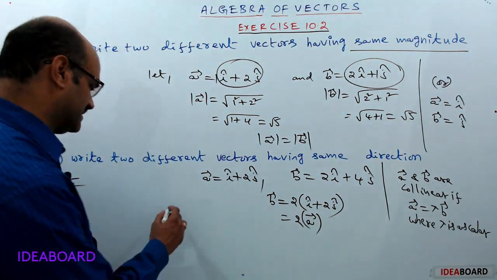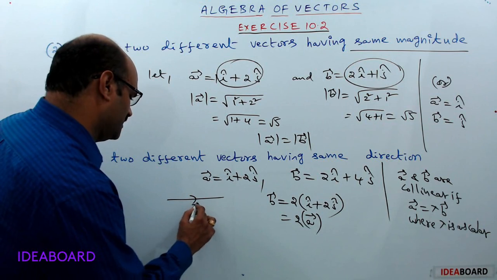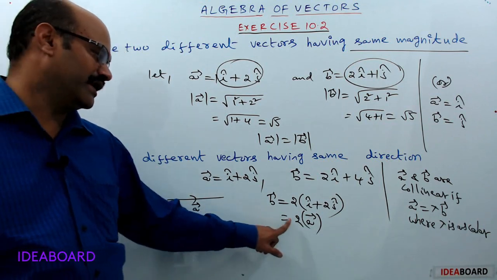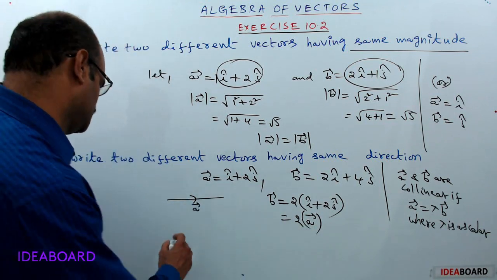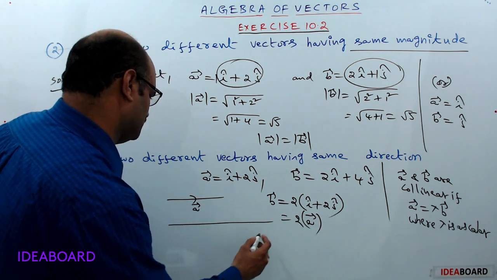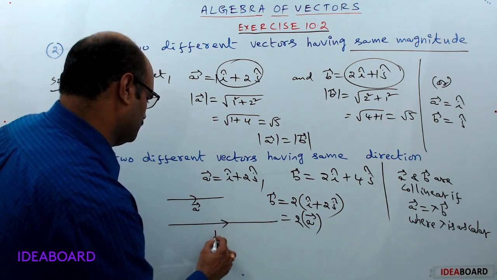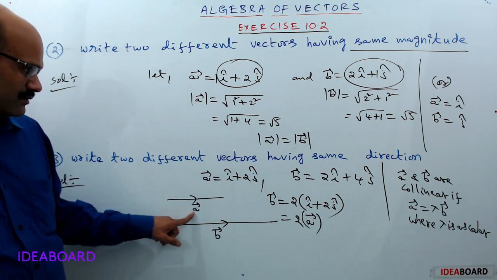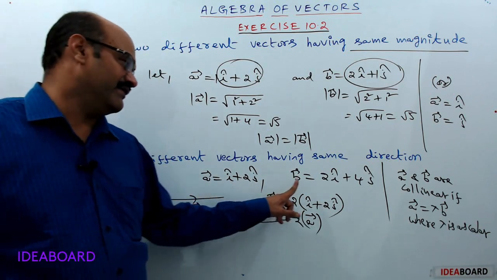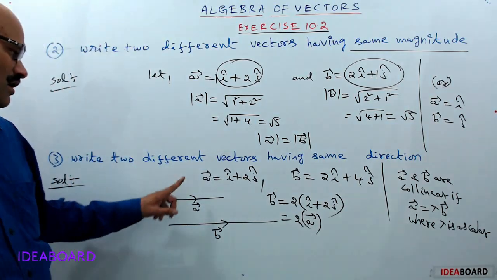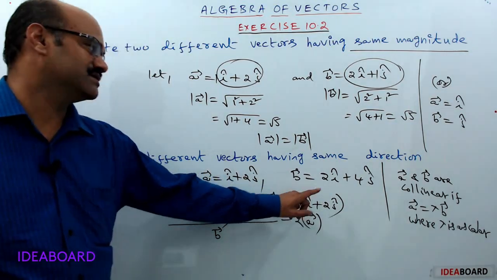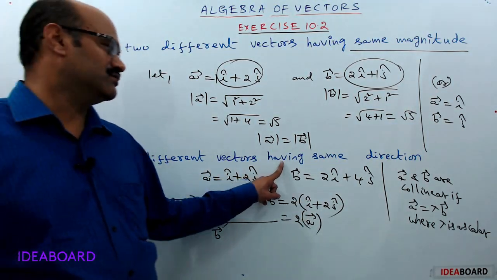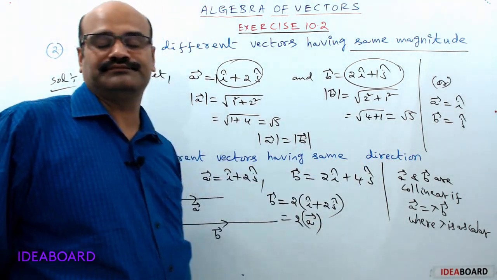So if I take this is A vector, B vector equal to 2 times of A vector we have. So this is B vector. So here if you identify, the two vectors A vector and B vector are two different vectors but they have same direction.